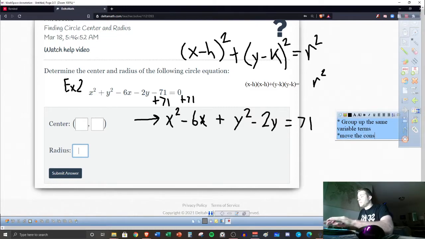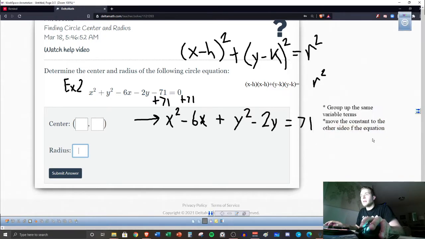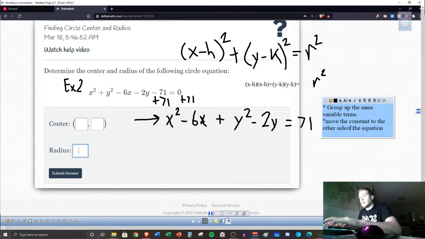Move the constant to the other side of the equation. Alrighty. So we've done that. That's sort of this first step in our process here. Let me move this up here. Okay. That's what happened on this first step. Ready?